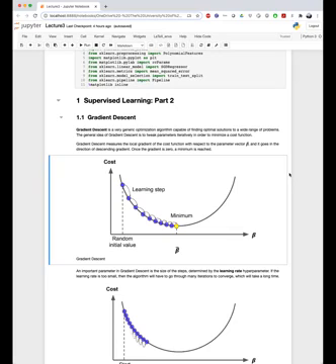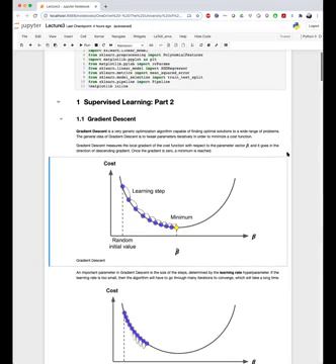One is batch gradient descent, the other is stochastic gradient descent, and there's also a combination of the two gradient descent methods.